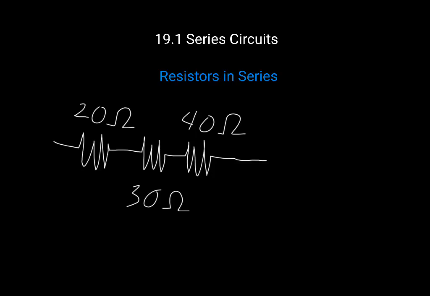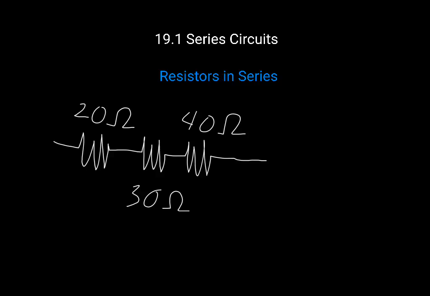Resistors in series are going to look something like this. Now, resistors in series are actually even more simple than voltages in series, because with resistors, we don't have to care about the directionality. The resistance is just going to resist motion. It's kind of like when we talked about gravity before. If you have charge flowing from left to right, then the resistance is going to resist the motion of that charge.